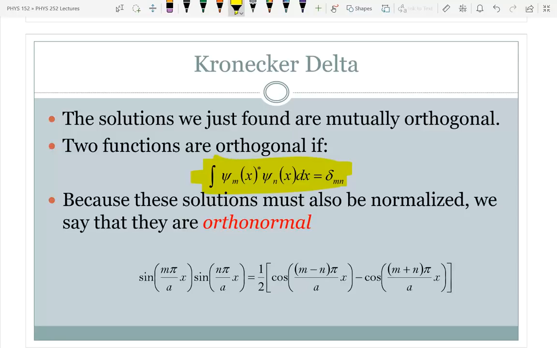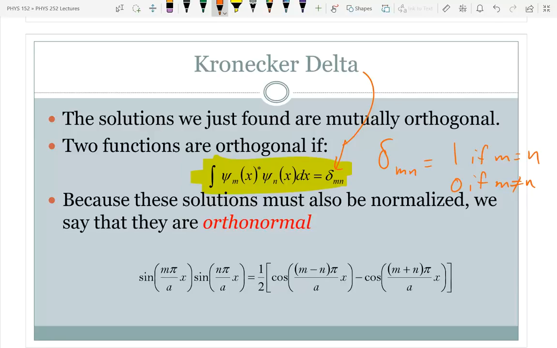So we have the integral of psi sub m star, psi sub n over all x. Now this thing here is called the Kronecker delta. It's equal to 1 if m equals n, and 0 if m is not equal to n. So that's why one equation can represent both orthogonality and normalization.